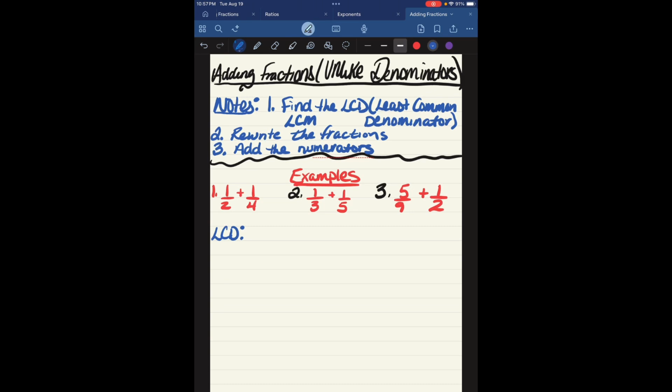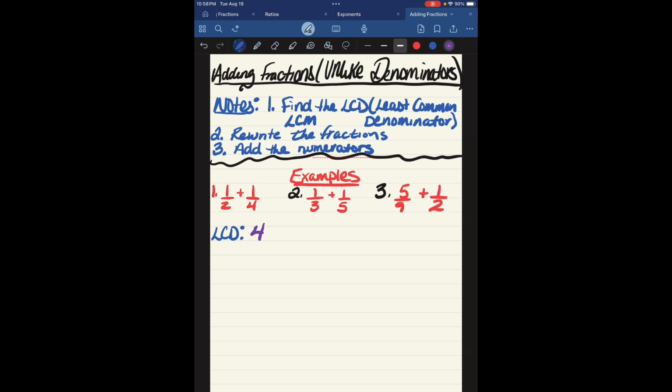And the point is, we want fractions that have like denominators. That's the purpose. So the LCD between 2 and 4 is 4, because 4 can go into 4 one time and 2 can go into 4 twice.